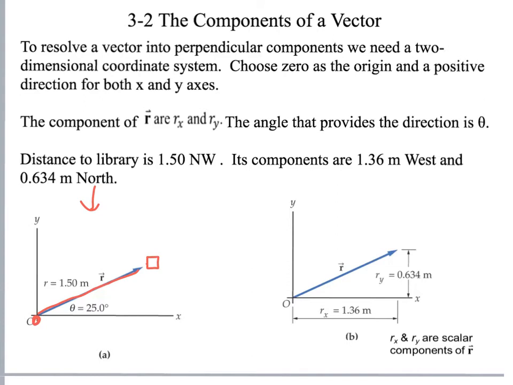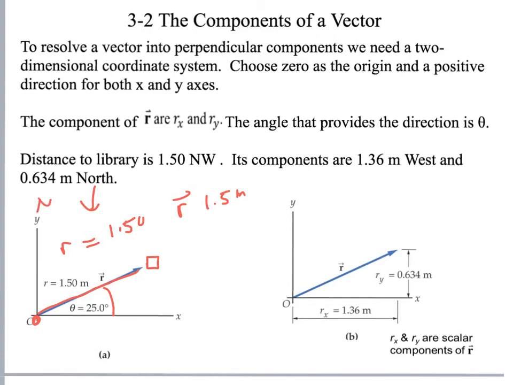So our distance R is 1.5 meters, and our vector R is 1.5 meters in some combination of X and Y. We don't really know that yet, other than when we look here, we have our theta, 25 degrees towards the Y direction.